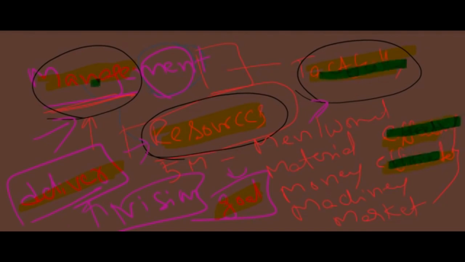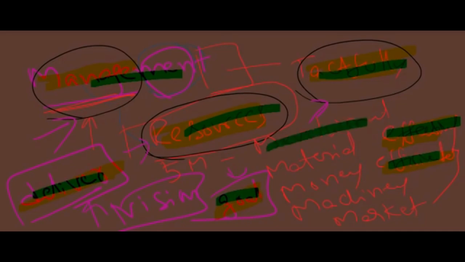This is what management is all about. What kind of resources are you managing? You have five different kinds of resources: men, material, machinery, money, market. So this is what we call management.